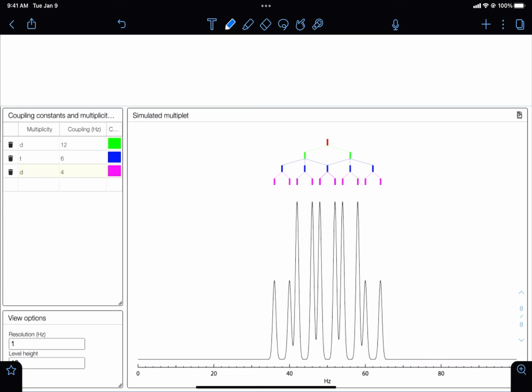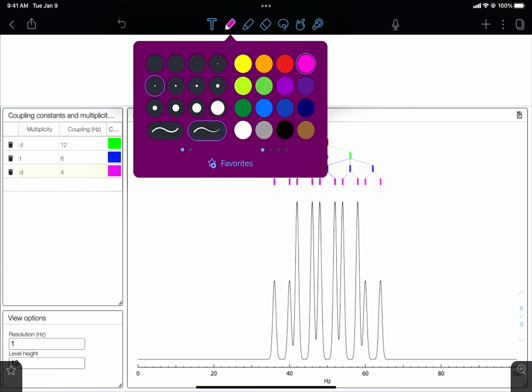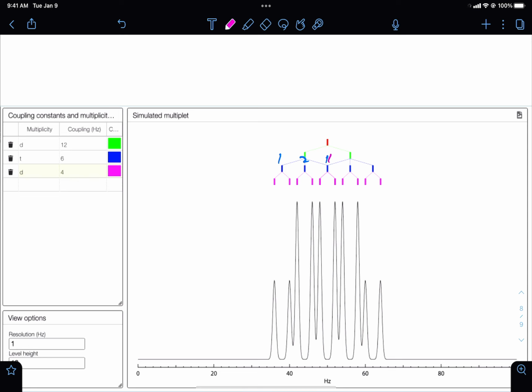And notice that the 2 triplets overlap. So in the blue, this is a 1 to 2 to 1, and this is a 1 to 2 to 1, and so that shows up as a 2. That's why we saw it as a 2 in our integrations, because it's overlapping with both triplets. Those triplets are subsequently split into the smaller doublets of 4, and that's how we get our signal.